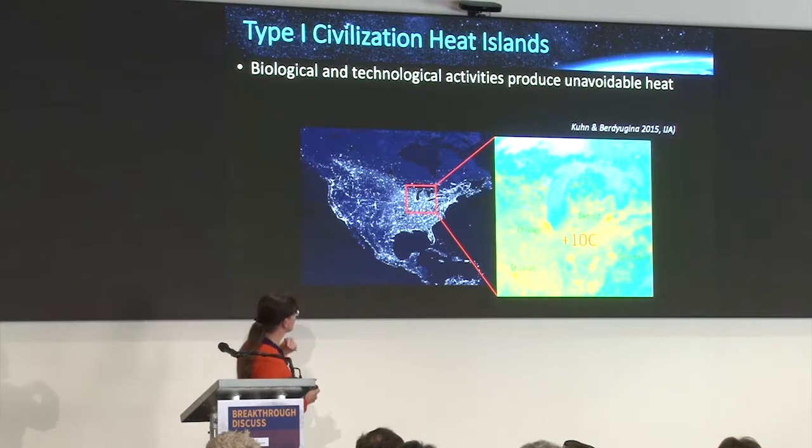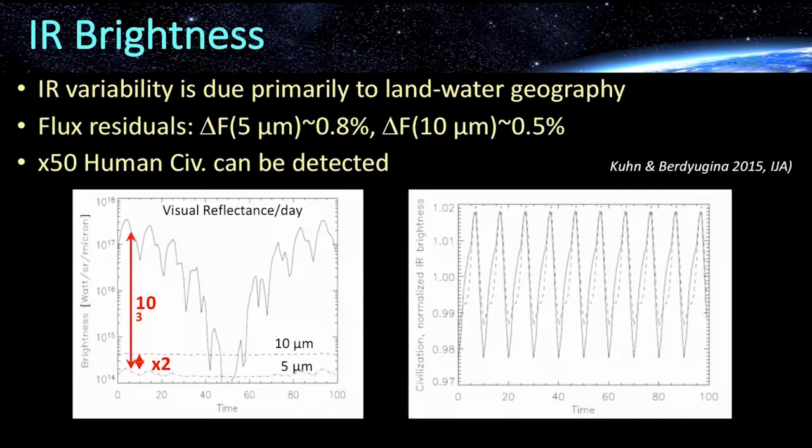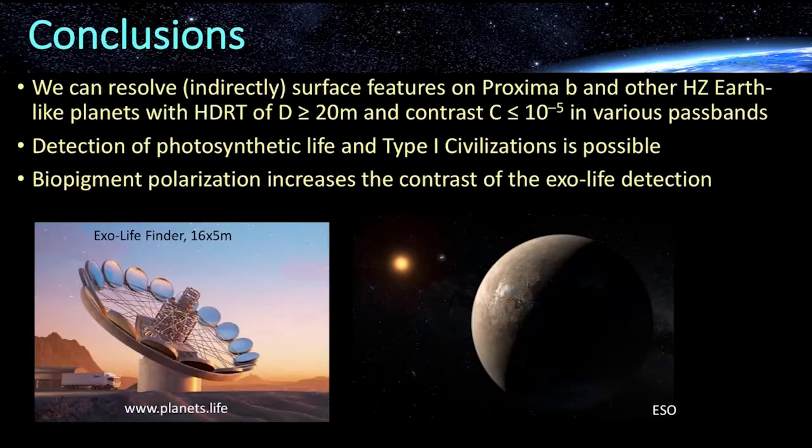As shown here, these large cities are about 10 degrees Celsius hotter than the surrounding environment, and civilizations similar to us, using a similar amount of energy and clustering in urban-like areas, it will be possible for us to detect with this system. So this is also a projection for the future.